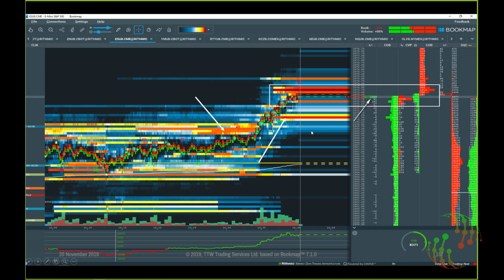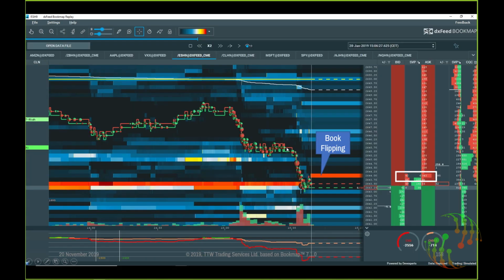Again, in the opposite direction, it is very obvious what is happening here. Everything was absorbed and out of the market here, but the traders are supporting the move down further and added to the order book here at 44 even.